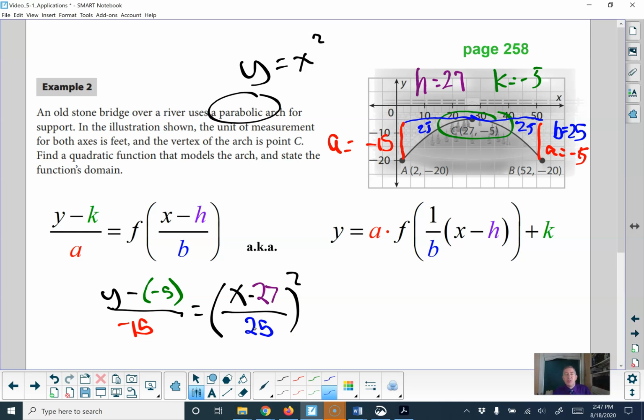If you want to, you could call it y plus 5 instead of y minus negative 5 over here. If you prefer, you can use this format, and we'll write it that way.